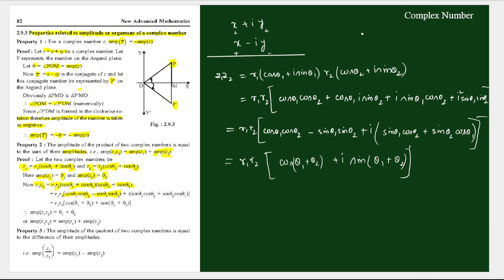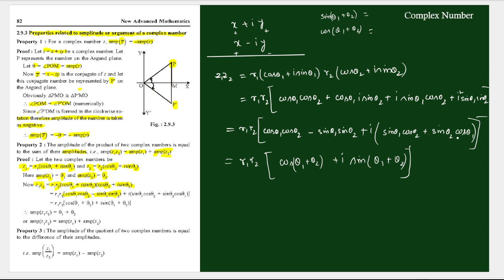Let me write here: sin (theta 1 + theta 2) and cos (theta 1 + theta 2) equal this one. For sine it is sin theta 1 cos theta 2 plus sin theta 2 cos theta 1.